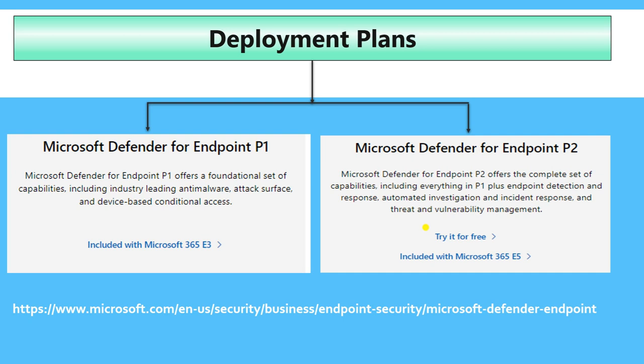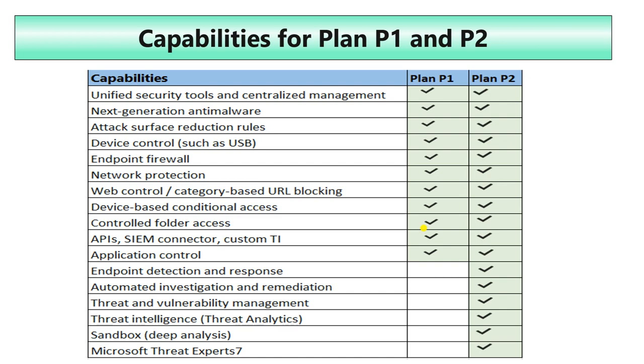But if you go with the P2 plan, then you have to purchase the E5 license. Under this, all the P1 features are covered in P2, and we have some more additional things. Let's see what the additional things are. So here is plan 1 and plan 2.